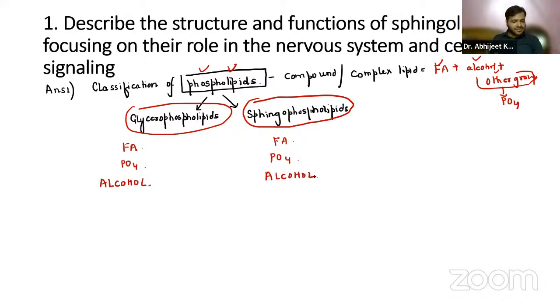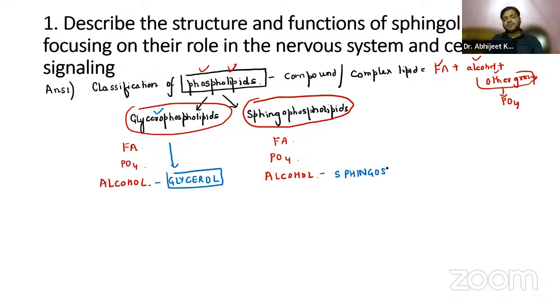In glycerophospholipids, you already know we have glycerol over here. That's why the name glycerophospholipids, right? Over here, the alcohol that is used is called sphingosine, right?